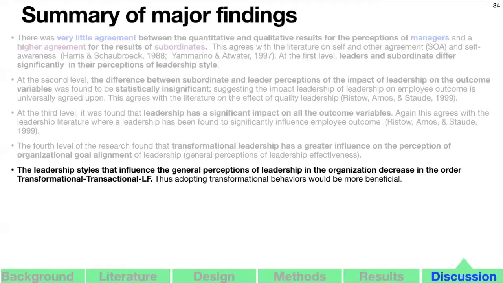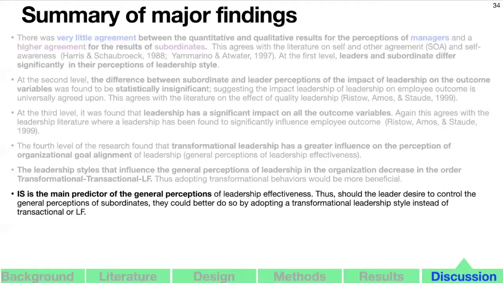Interestingly, I also found that leadership style influences general perceptions of leadership, and that this influence decreases from transformational through transactional and laissez-faire, meaning that if general perceptions in the organization have to be influenced, then the leader should better adopt transformational leadership behaviors.